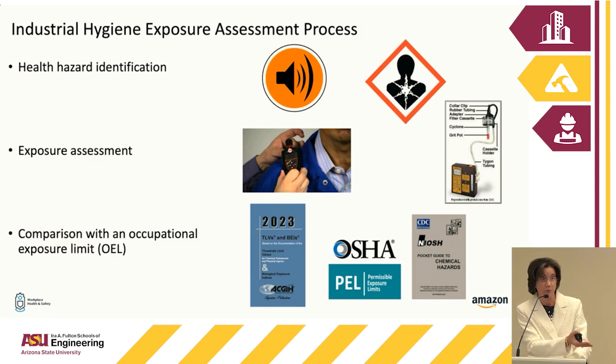OSHA looks at the old outdated PELs when they do inspections. Do we look at a NIOSH REL? That's a recommended exposure limit. Yes, we should as well. But now the EPA, ECHLs, is where really you have to start to look, and this is new chemical entities as well, for their interpretation. So it becomes really very difficult to even establish what that exposure should be measured against.